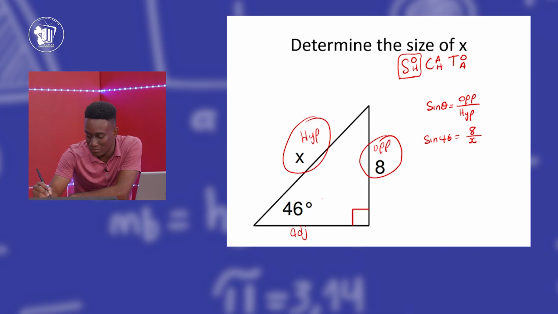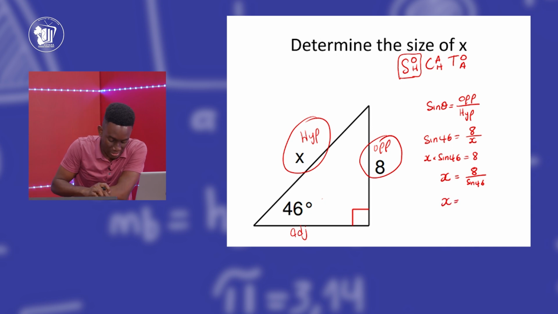When we take it over to multiply, we'll have x multiplied by sine 46 is equal to 8. x will be equal to 8 divided by sine 46. So this sine 46 is multiplied, when we take it over, we'll divide. So x will be equal to 8 divided by sine 46.